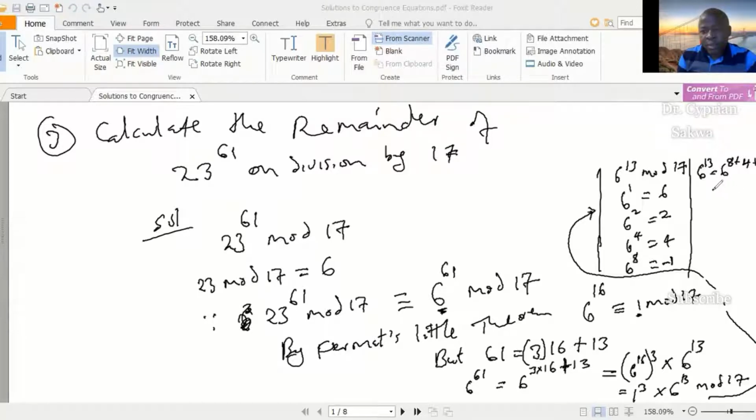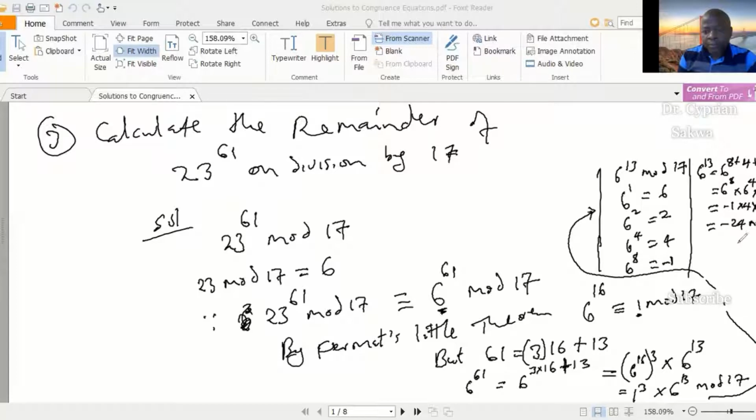So I have 6 raised to 8, then 6 raised to 4, then 6 raised to 1. 6 raised to 8 is negative 1. 6 raised to 4 is 4. And 6 raised to 1 is 6. So this product is negative 24, mod 17.